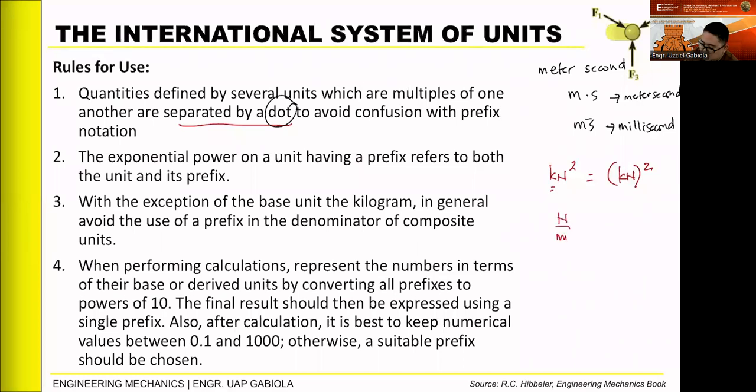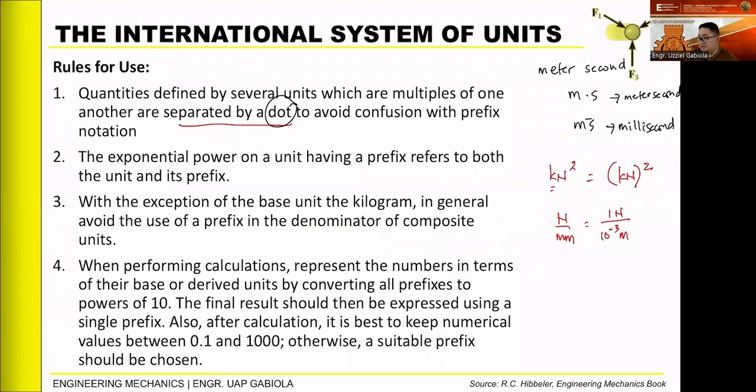Okay? Halimbawa, yan yung unit natin. Mapansin nyo, yung denominator natin is naka-prefix siya na milli. Okay? So, kasi sabi nito in general, avoid use of prefix in the denominator. So, paano natin i-change yan? Si milli is equivalent sa 1 Newton all over 10 negative 3 meters, no?